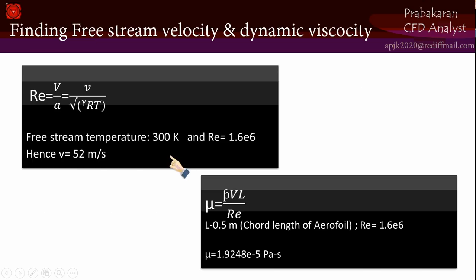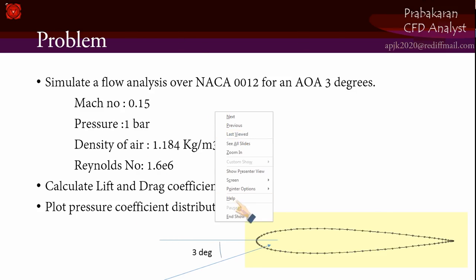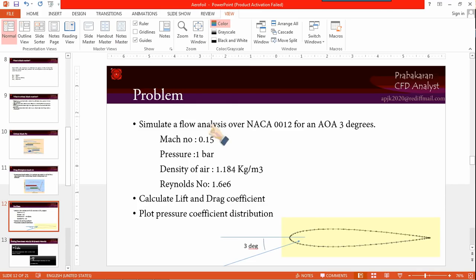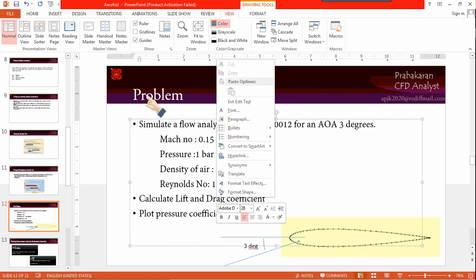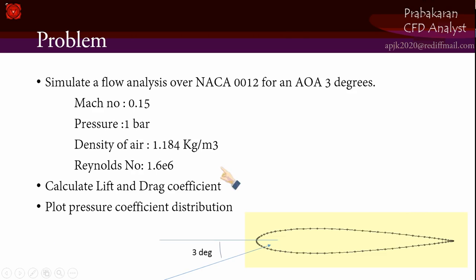This chord length is half a meter. And we need to calculate the lift coefficient, drag coefficient and pressure coefficient distribution over the aerofoil when the flow is at 3 degrees. So this is our today's objective.